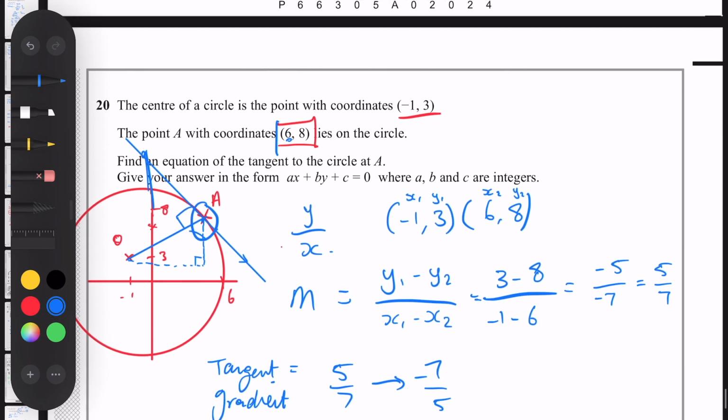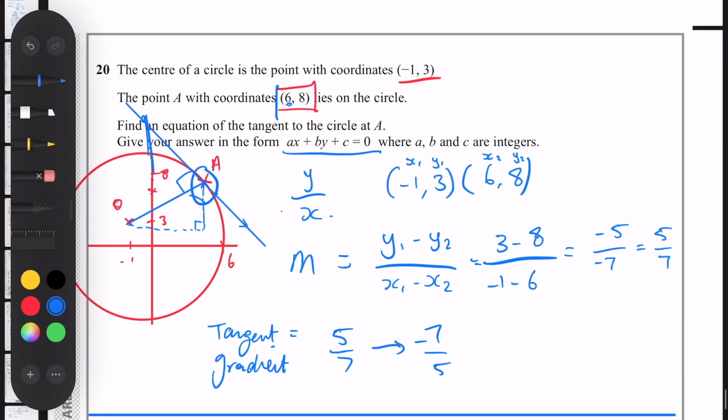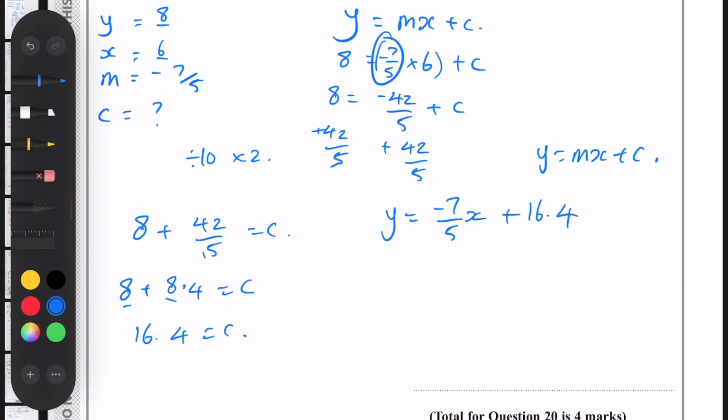Now that's in the form y equals mx plus c. They actually want it in the form ax plus by plus c equals 0. So you've got to get everything onto one side. So that means y plus 7/5 of x minus 16.4 equals 0. Let's write this as decimals so it's a bit easier for us. So y plus 1.4x minus 16.4 equals 0.